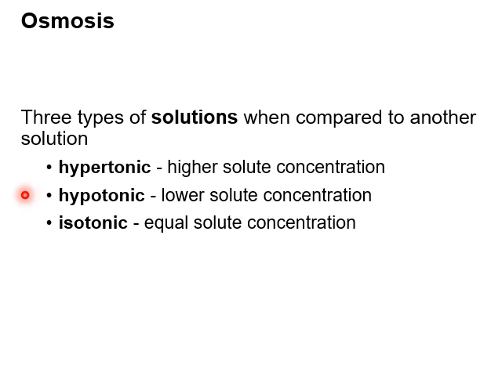So if you have a hypertonic solution and a hypotonic solution, solute is always going to move from hypertonic to hypotonic, because solute diffuses from where there's high concentration to where there's lower concentration. Water is going to move by osmosis from hypotonic to hypertonic, because water always goes from where there is a low concentration of solute to where there's a high concentration of solute.